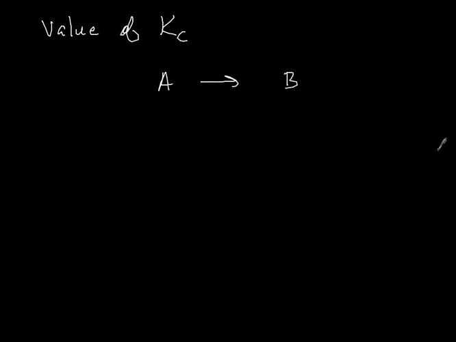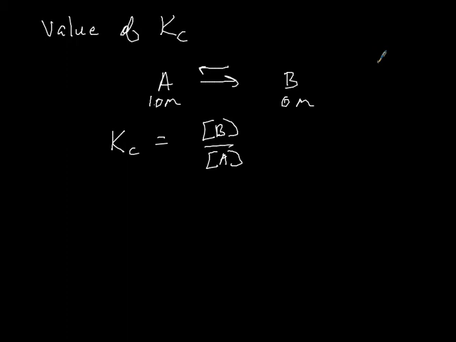Reactant A converts to product B, and the coefficients for both of these are 1s, and so the equilibrium expression is going to be Kc equals the concentration of B over the concentration of A. Okay, so initially we start out with all A, and let's say that our concentration of A is 1 molar. And we start with 0 B, and so that is 0 molar.